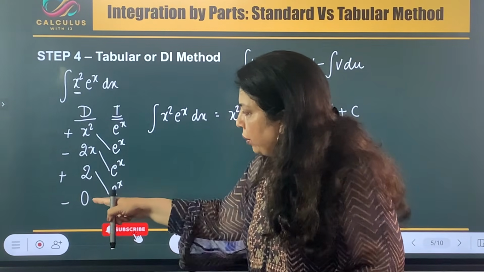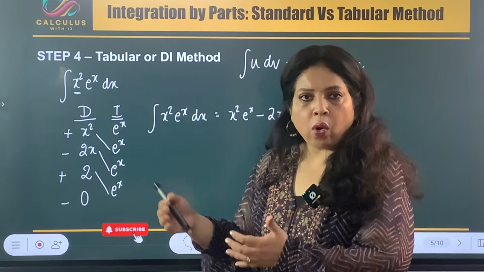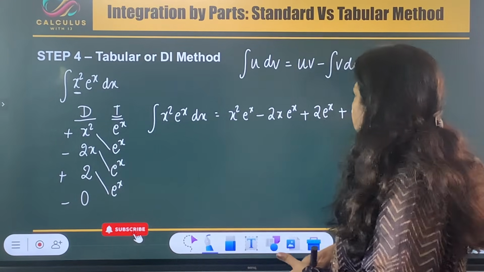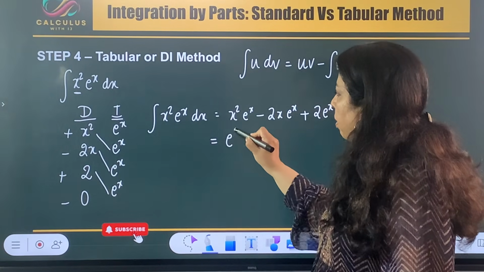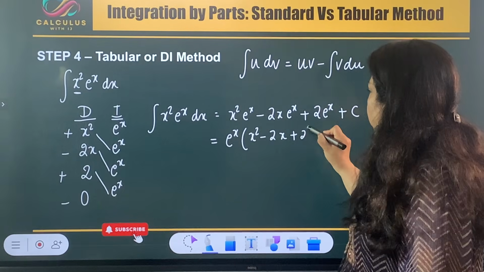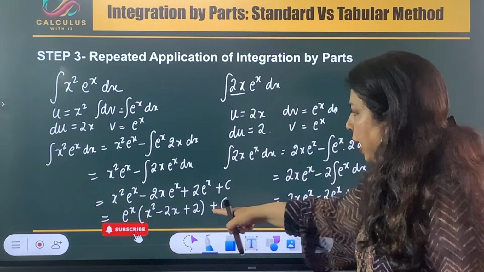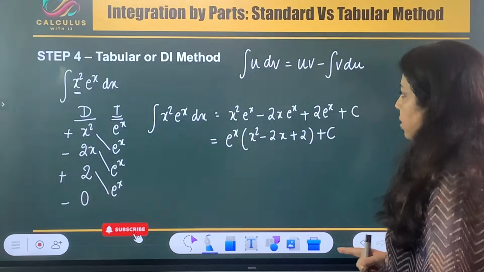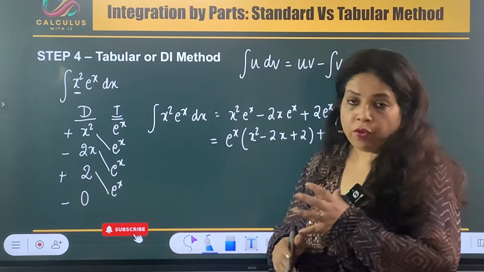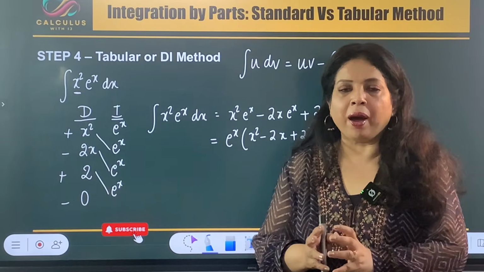Obviously we don't need to take the next term because it will be 0 only, and all terms after that will be 0. So when we take e to the power x common, we get x square minus 2x plus 2, plus c.